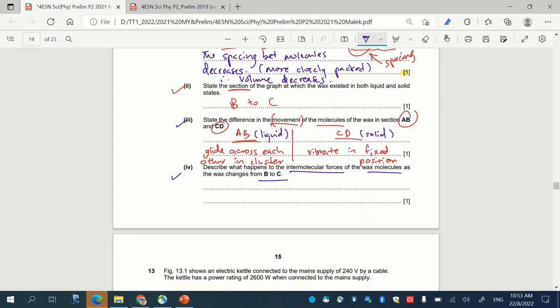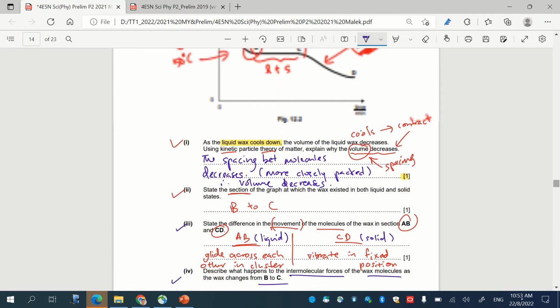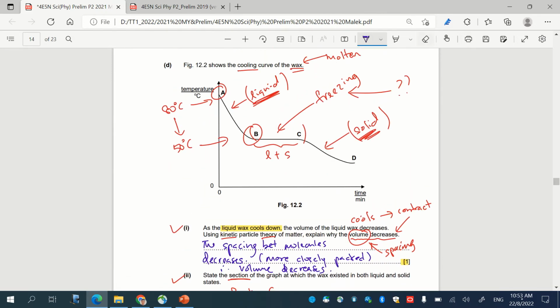So read the question carefully. It only tells you about B to C. Let's look at the graph. B to C is going from liquid all the way to become solid completely. So in this change from liquid to solid, how did the intermolecular force change?